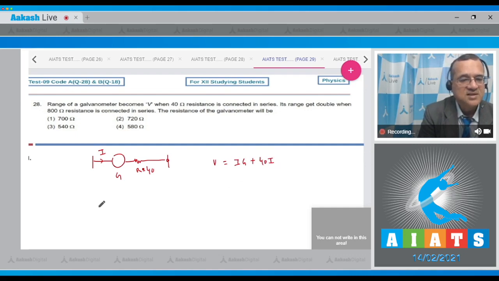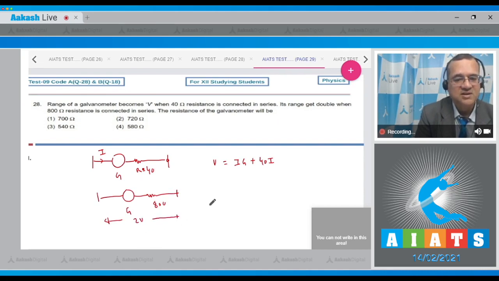And in the second case, when this galvanometer is connected to 800 ohm resistance, the potential drop across this is 2V because the reading is doubled. So 2V will be equal to, the same current is flowing, I into (G plus 800). So we divide the equations.